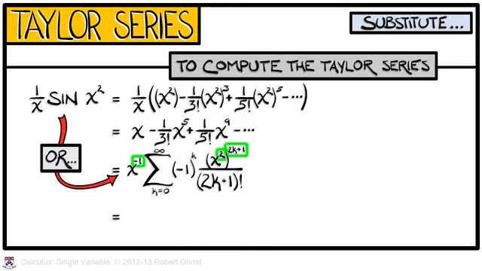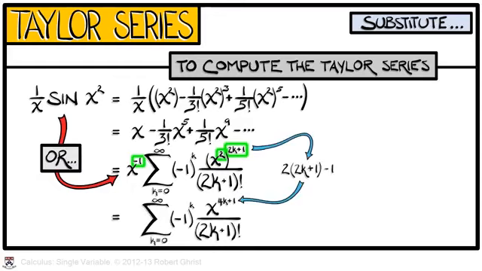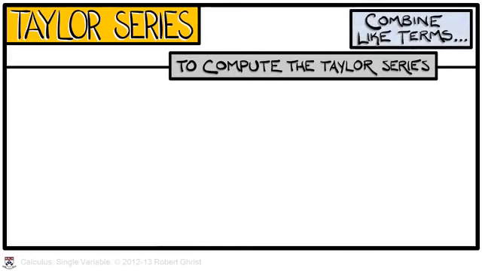By adding up the coefficients of the x term properly, we can, in fact, obtain the full Taylor series for this function as sum k goes from 0 to infinity, -1 to the k, x to the 4k plus 1 over quantity 2k plus 1 factorial. That means, in effect, that we have all of the derivatives of this function evaluated at 0 in one simple computation.